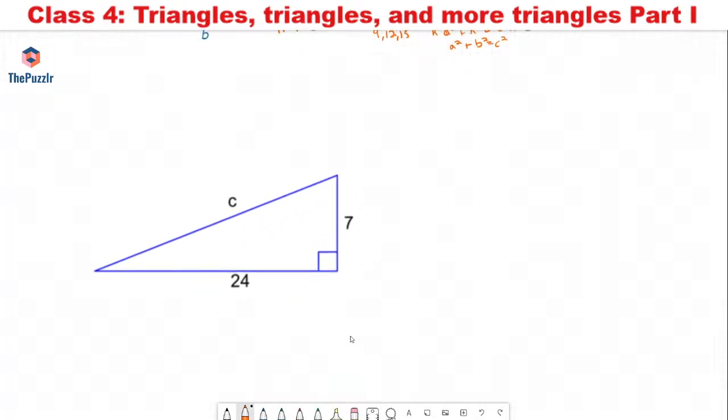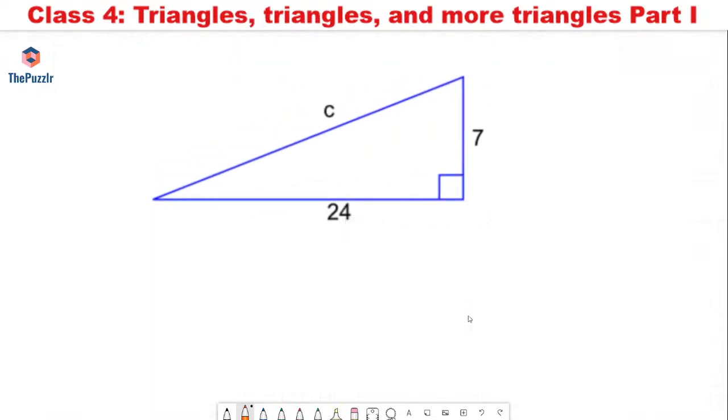Now let's check it the good old-fashioned way. 24 squared plus 7 squared equals c squared. Do the computation. 24 squared, what is that going to give us? I think that's going to be 576. And you can actually compute that. I use some memorization to do that, whichever one works for you. 7 squared is 49, and this equals c squared.